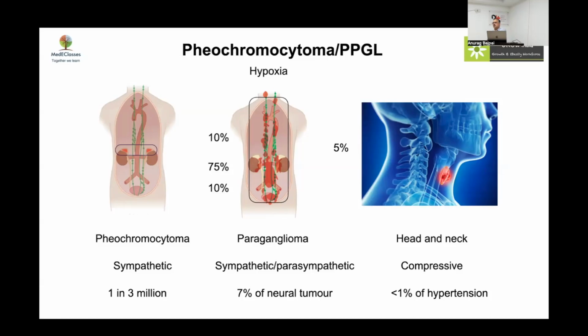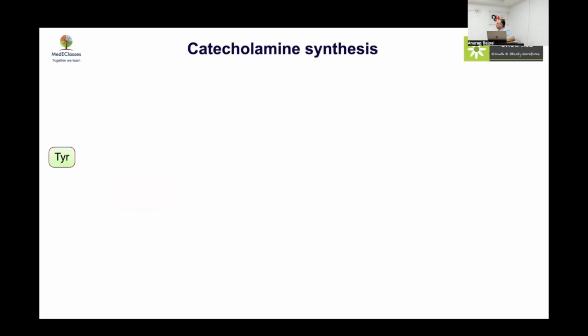It is less common. That accounts for approximately 3 to 5% of what is called essential hypertension. So anybody requiring three or more drugs, anybody whose BP is not getting controlled, you should screen for pheochromocytoma, and also for adrenocortical tumors.